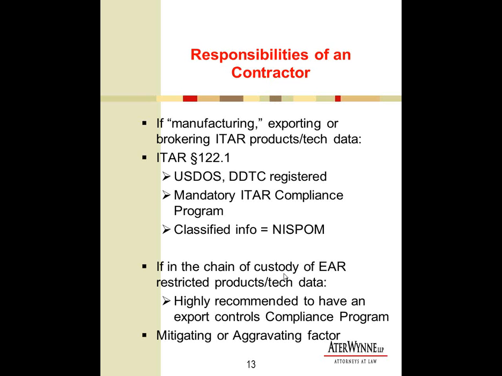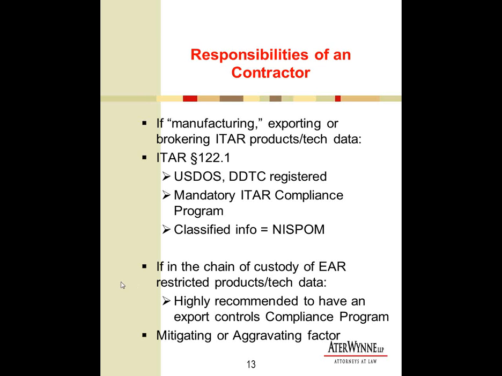If you are a company dealing with parts and components and technology that is licensable under the Export Administration Regulations, although you are not required under the commercial regulations to have a compliance program, it is highly recommended both by the U.S. government and by people in the field, because whether or not you have a compliance program for handling commercial products can be a mitigating, or it can be an aggravating factor if there is an enforcement action involving your company, even though it's a commercial product.